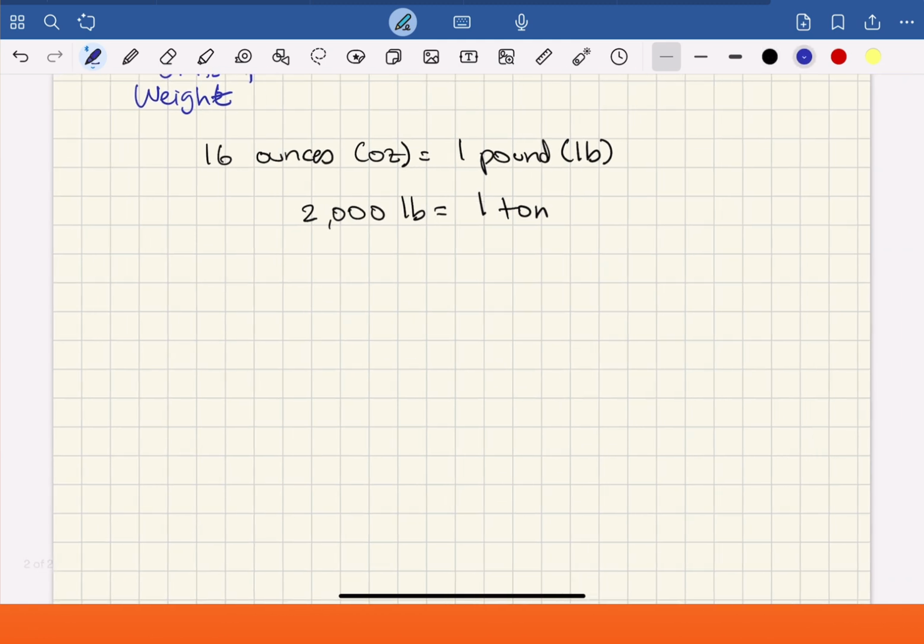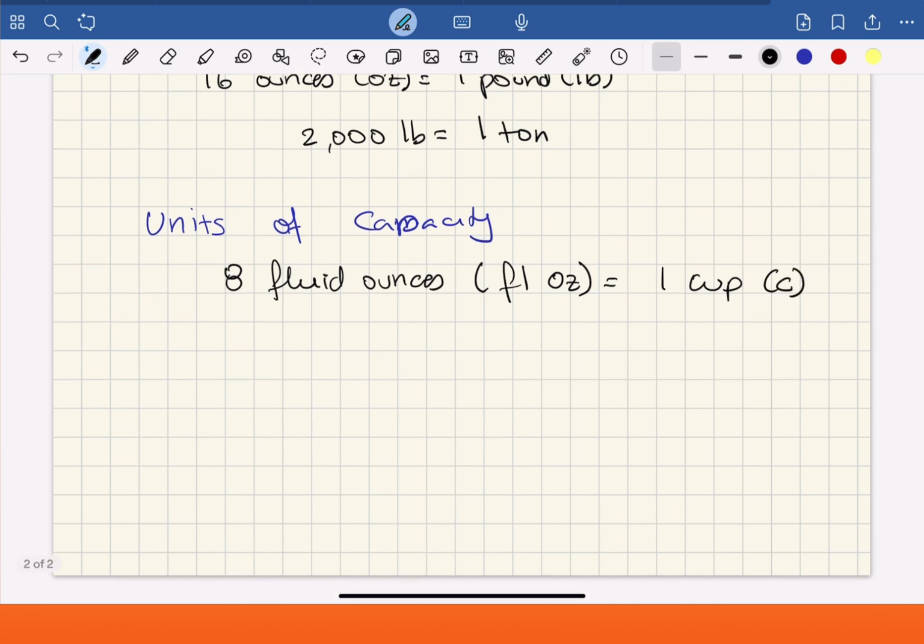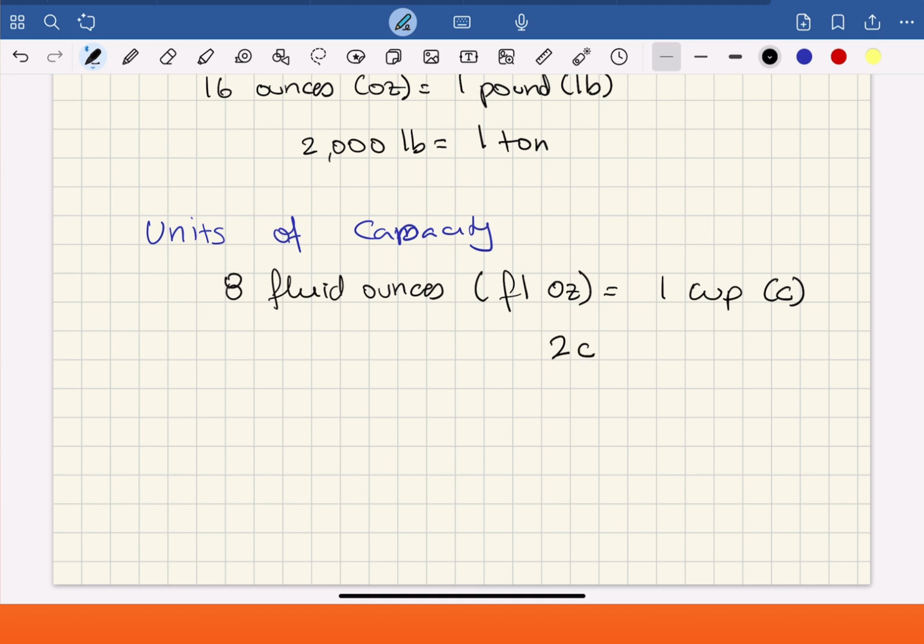Now we also have units of capacity. Units of capacity would be volume, so basically capacity for liquids. We have that 8 fluid ounces, abbreviated as FLOZ, is equal to 1 cup, and a cup is abbreviated simply with the letter C. We also have that 2 cups is equal to 1 pint, and 2 pints equal 1 quart.